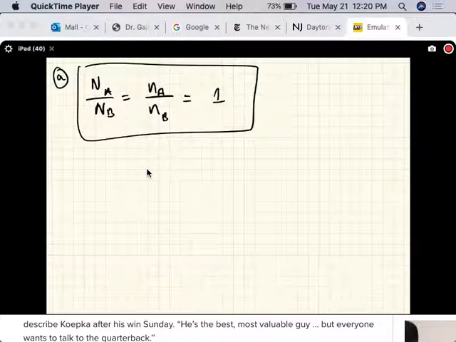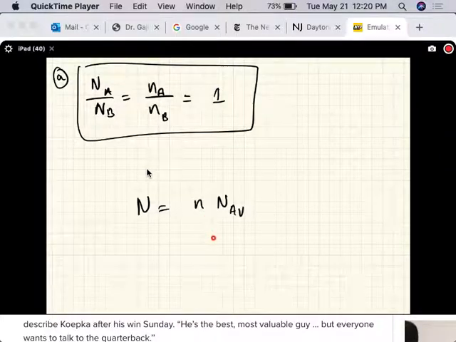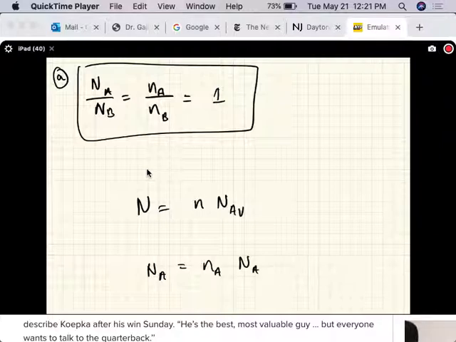The number of atoms is the number of moles times Avogadro's number. If this is the same, Avogadro's number is the same. So the number of A atoms is the number of moles of A times Avogadro's number.